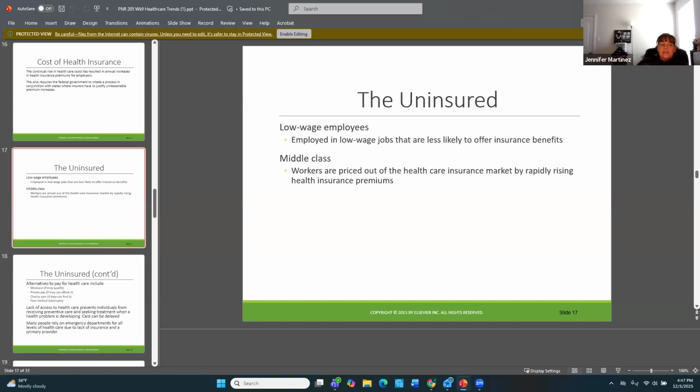Even in some cases, if it is a low wage job, the cost of their healthcare premiums could be extremely high, which would lead to them not being able to afford it. The middle class workers, some of these workers may be unemployed, and those employed may be priced out of the healthcare insurance market, right? Just because of those premiums that are going up.